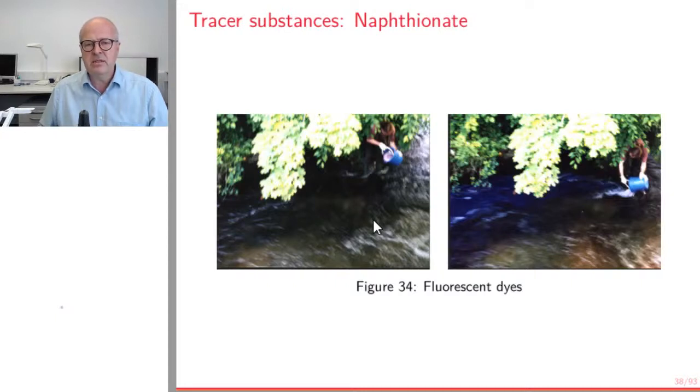Now you see here the injection of naphthionate and the result. The result is that with some imagination you can see a bluish shiny appearance of the water. So this is the fluorescence that is caused by sunlight, and the sunlight includes ultraviolet radiation of 325 nanometers, and it creates this bluish light that you know from discotheques, from your white shirts that have been washed with naphthionate additives, maybe.